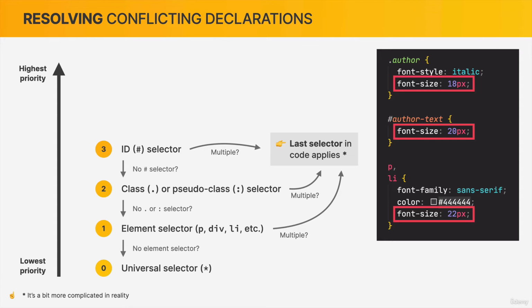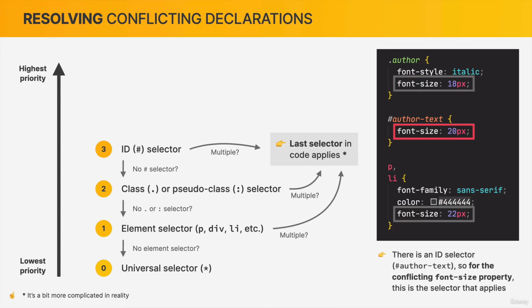Alright? But now, going back to our example and taking into consideration the rules that we have here, we should now be able to resolve the conflict that we have here. So we have a class selector, then we have an ID selector, and then we have an element selector, right? So, based on the rules that we just learned here, it is the ID selector with the ID of author text that will decide the font size of this element. So, for the conflicting font size property, it is this ID selector that actually gets applied.